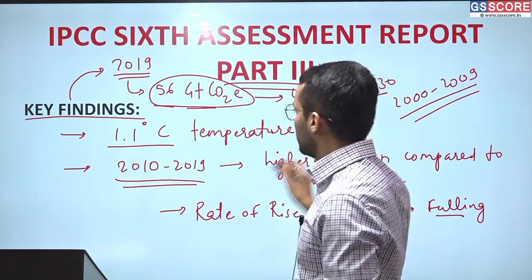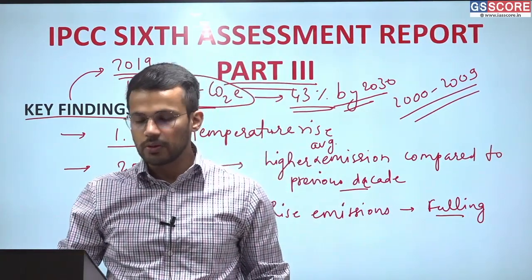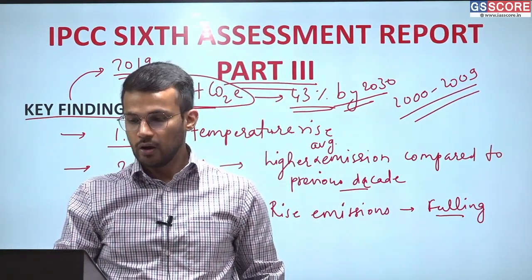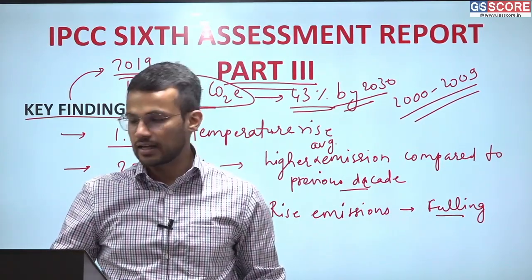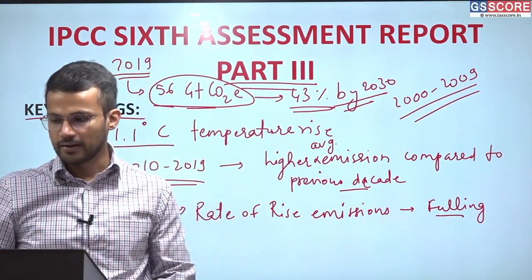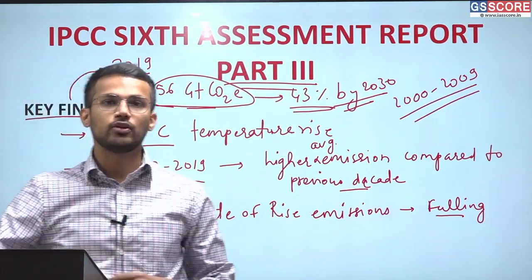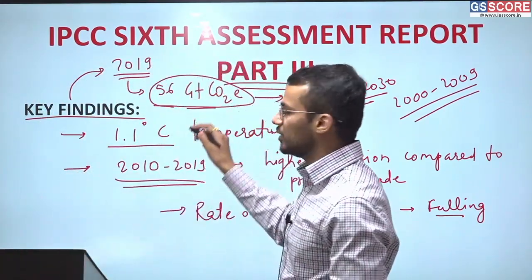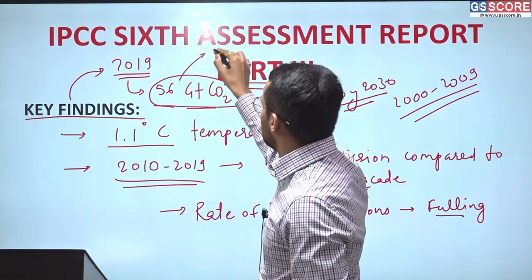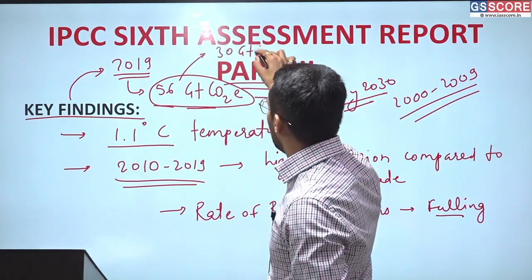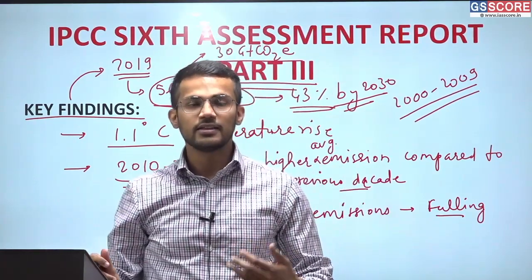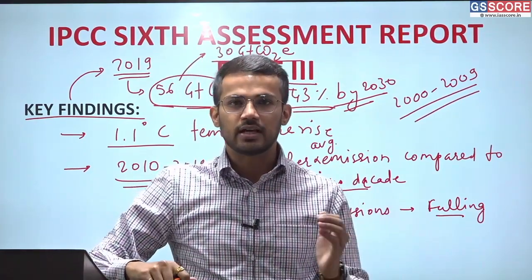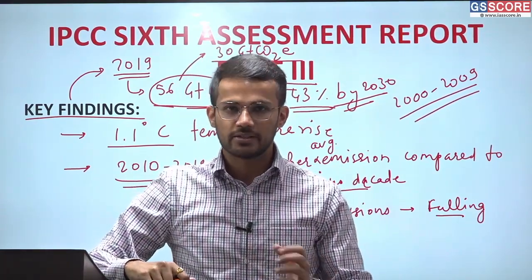Then only will we be able to achieve the targets set by the Paris Climate Deal. That means by 2030, these emissions should become 30 gigatons of CO2 equivalent.